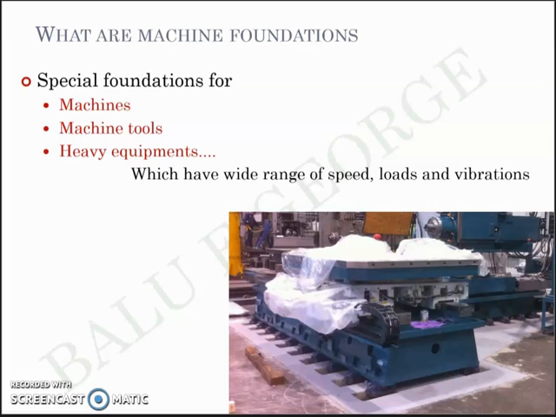So compared to a usual structure that's static, for example a building, the machine foundations have to cater to these vibrations as well, because they do have the moving parts inside them and they'll have a particular speed and will be vibrating at a particular frequency, what is called the working frequency. So the machine foundations will have to be designed taking care of these vibrations, the loads and the speed.